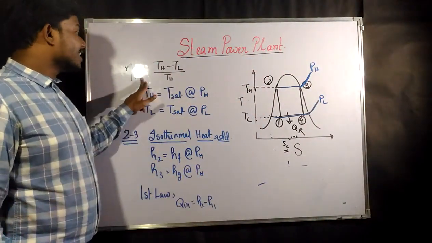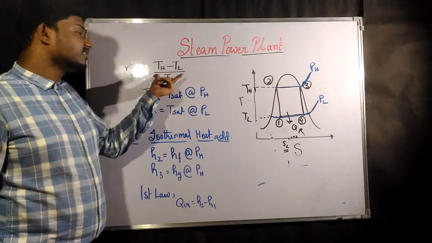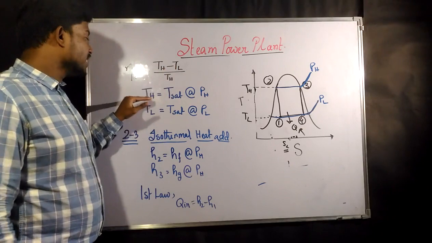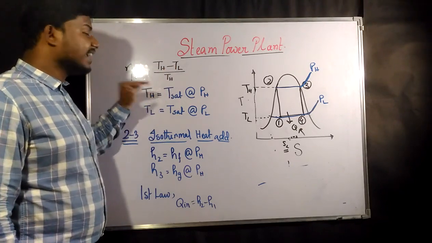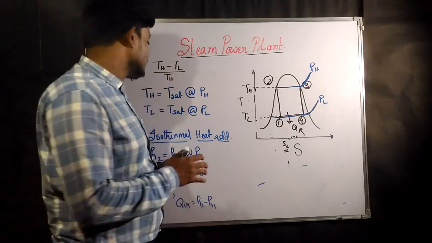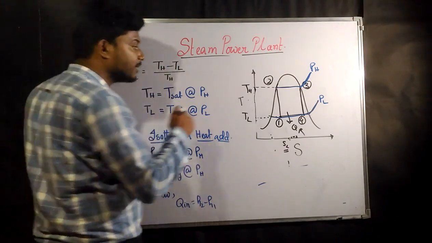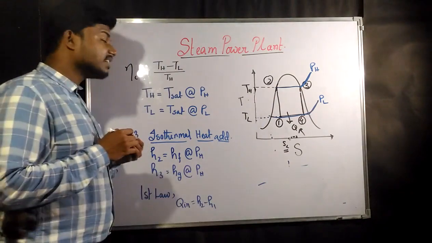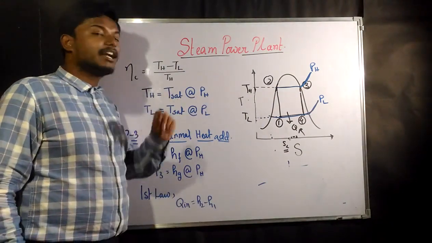Now, the Carnot efficiency we all know; we have derived this several times. It is (TH minus TL) divided by TH. Where is TH here? TH is the higher temperature. This is the saturated temperature at pH.